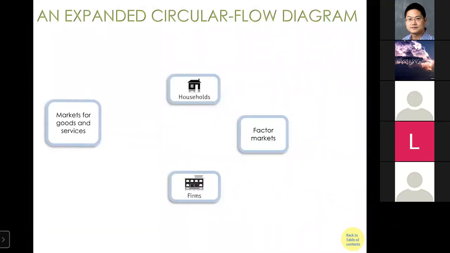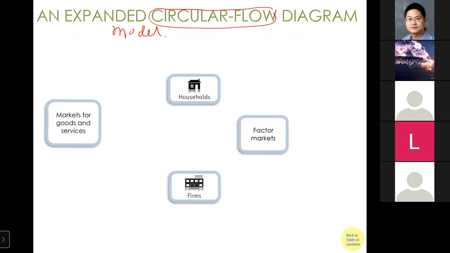Now we are ready to use a circular flow diagram to understand how the macroeconomy is organized, so that we can keep track of economic activity and measure the size of the economy. You can think about our starting point as a simple model. This is a model to understand our complicated macroeconomy.